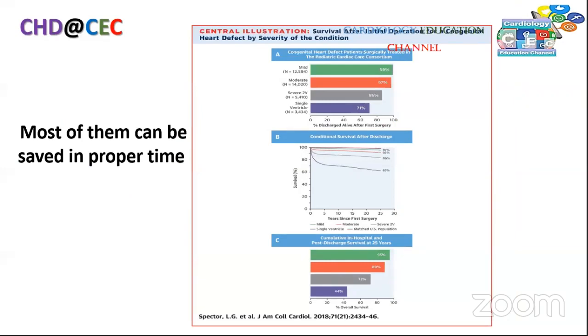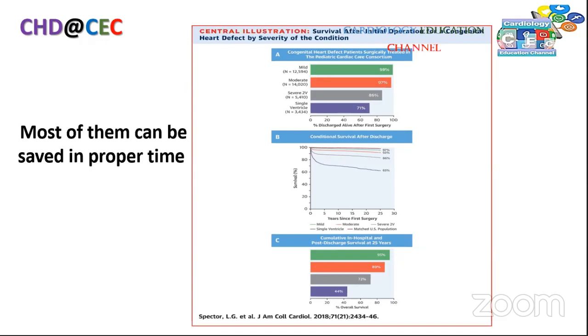One bright side is that if we treat these congenital heart defects at the proper time, they will have excellent survival, even when they grow old, till the age of 30 or 40 years. Mind you that any defects apart from single ventricle have a survival rate of 86%, 90%, 97% if they are treated properly.